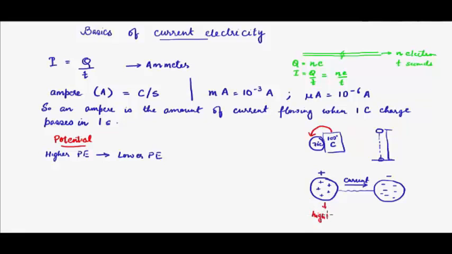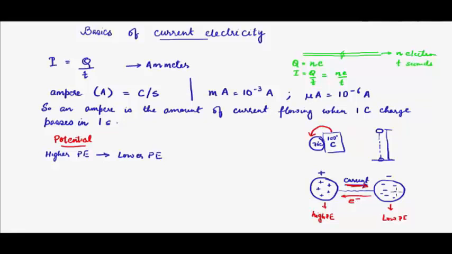But the catch here is that the charge carriers that are free to move are not positive charges. Rather, they are electrons, which are negative charges. Right? So, though the current is moving from higher potential energy to lower potential energy, the electron, which is the charge carrier, will move in the opposite direction. So electrons flow from negative to positive, or from lower potential energy to higher potential energy.